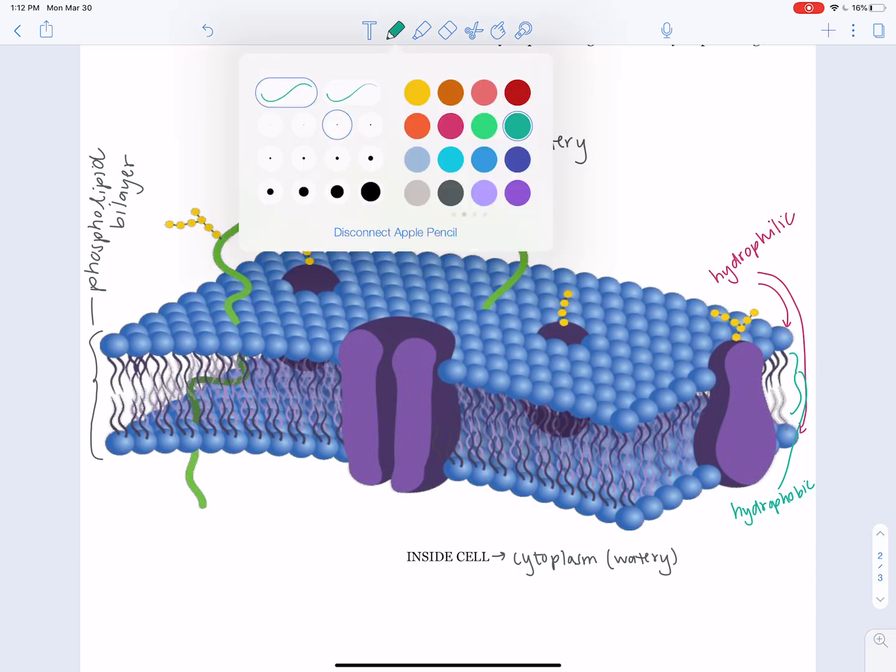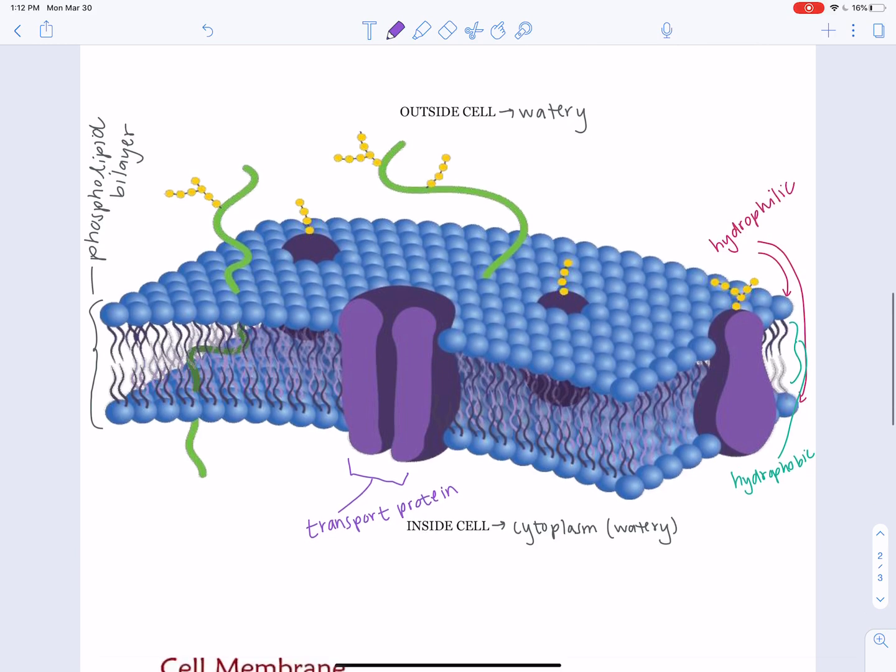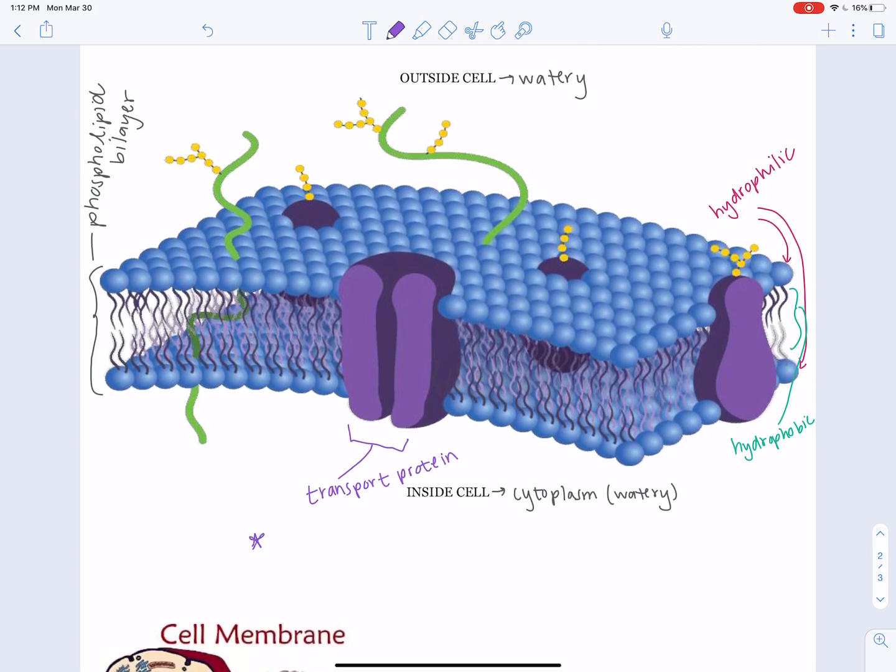And then finally, these big purple guys, these are transport proteins. And something that I want you to realize is that this diagram is kind of limited. There's only one transport protein shown, but let's remember that transport proteins are very specific. They are specific to whatever they let move through.